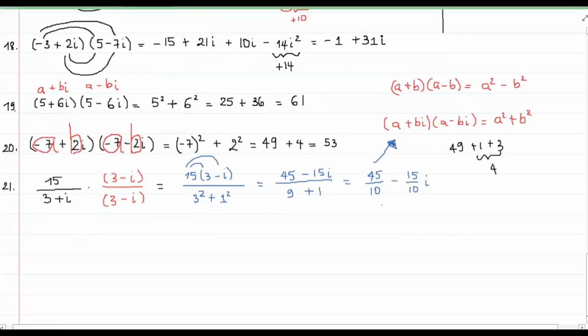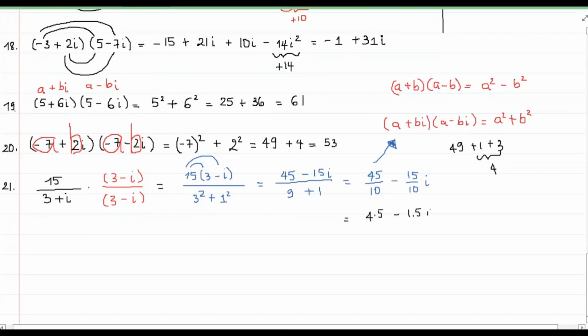Now it belongs to the questions in MATLAB. Sometimes they will tell you they accept the decimal as the answer, or they accept fractions. In terms of the decimal, you can see that it's divided by 10, so it's easy to write out 4.5 minus 1.5i.